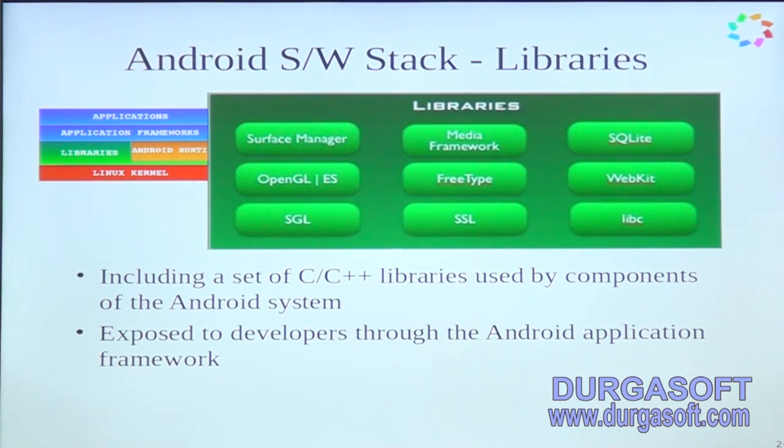As I told, libc is a C++ library. All these libraries will be accessed by the application framework and the Dalvik virtual machine, and these are exposed only to the application developers or to the application framework.